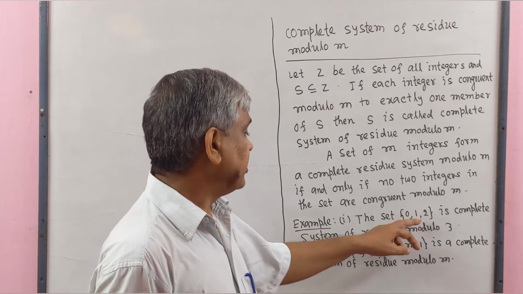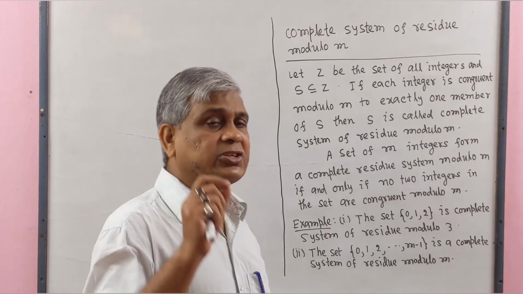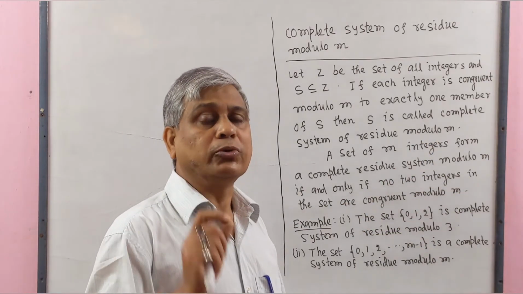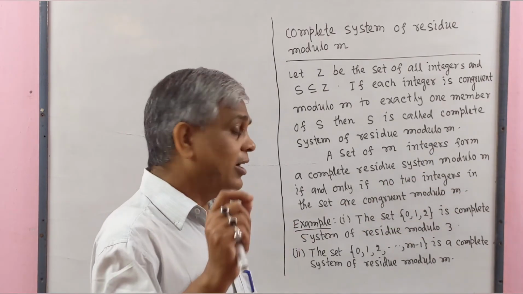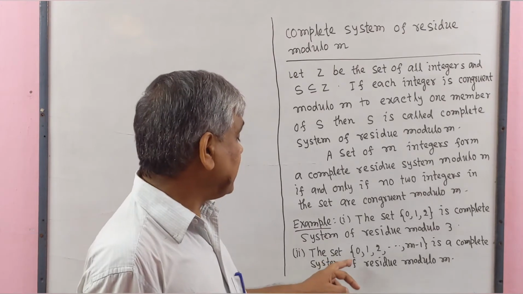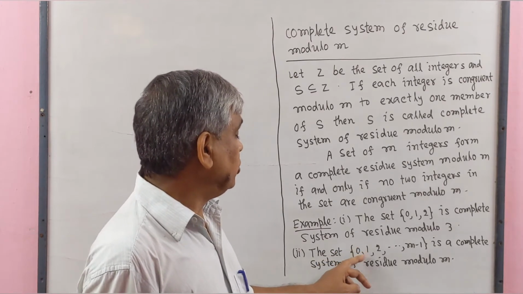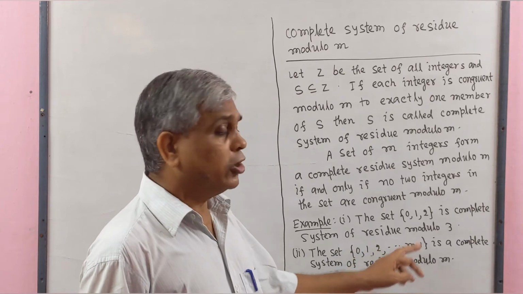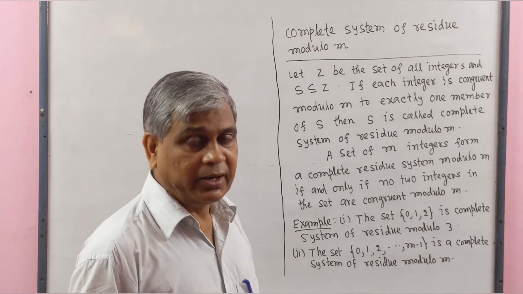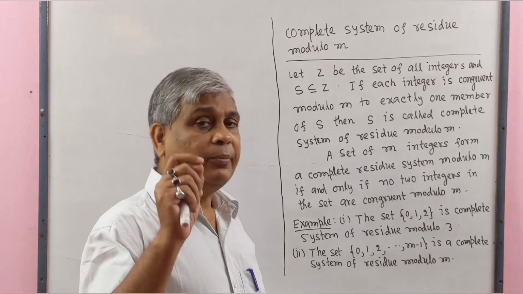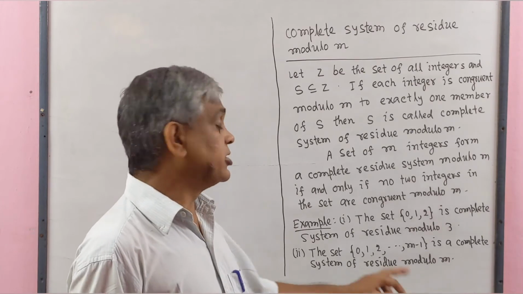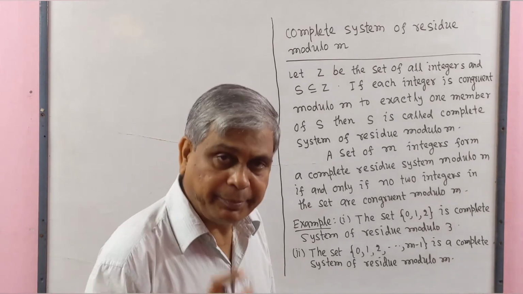Therefore, this set is complete system of residue modulo 3. Similarly, the set containing 0, 1, 2, ..., M minus 1 is a complete system of residue modulo M.